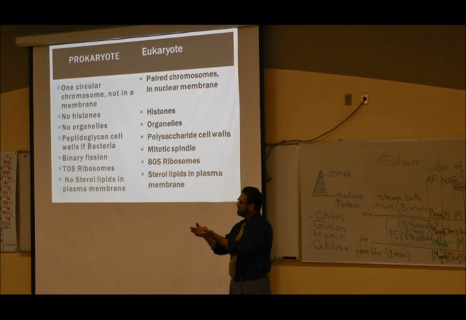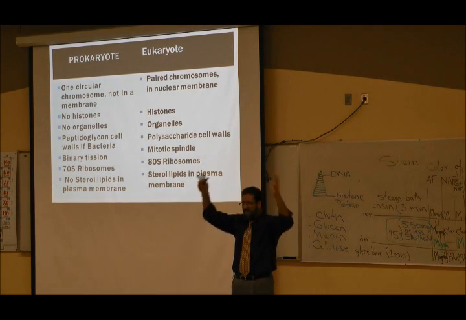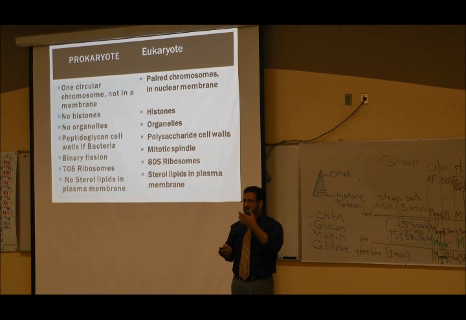Now you have to confine all these things in something, right? Cell membrane. Three things. All living things have three things in common: plasma membrane, cell membrane, cytoplasmic membrane, cytoplasm, and DNA.